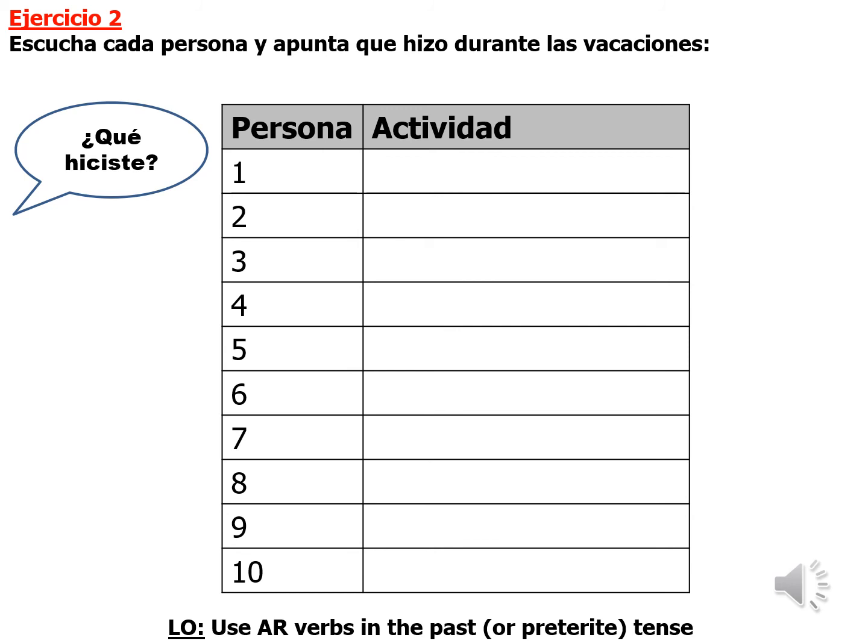Descansé. 5, ¿Qué hiciste? Bailé. 6, ¿Qué hiciste? Saqué fotos. 7, ¿Qué hiciste? Tomé el sol. 8, ¿Qué hiciste? Visité monumentos. 9, ¿Qué hiciste? Jugué al voleibol en la playa. 10, ¿Qué hiciste durante tus vacaciones? A ver... Escuché música.